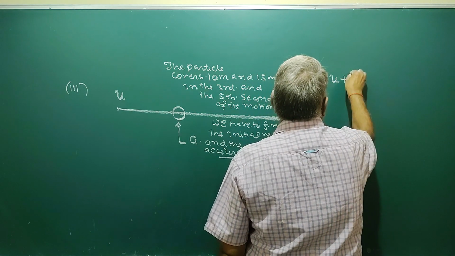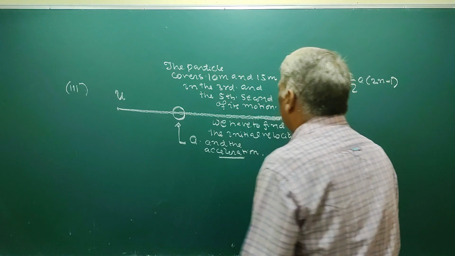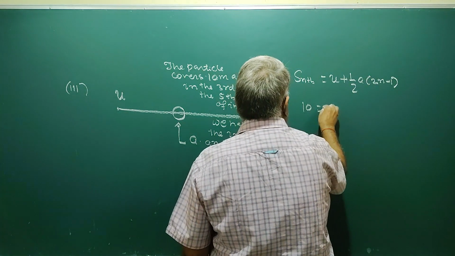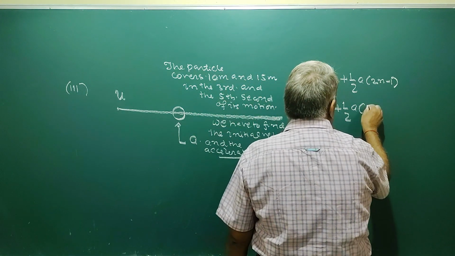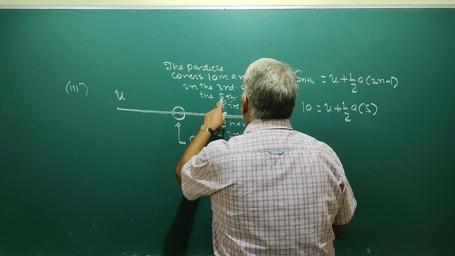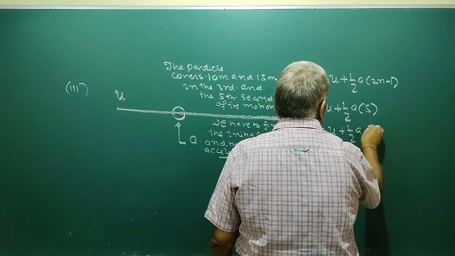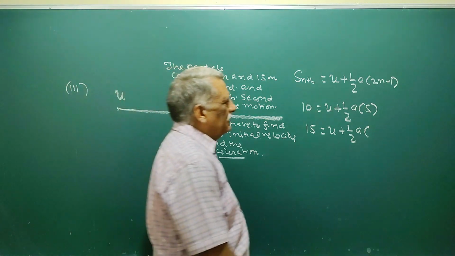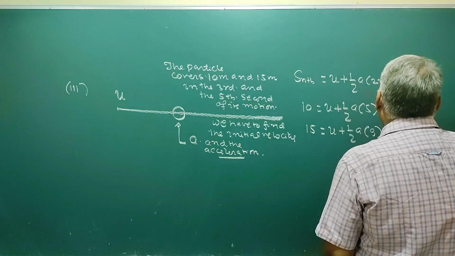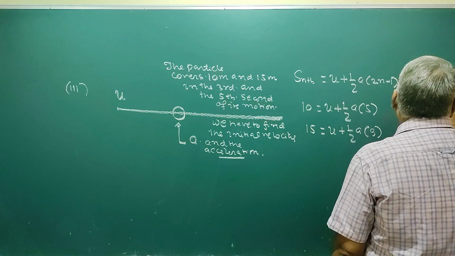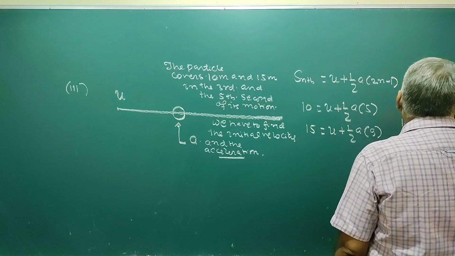This is equal to u plus half a into 2n minus 1. In the third second the distance given is 10 meters, so 10 is equal to u plus half a into, putting 3, 6 minus 1 becomes 5. And then in the fifth second it is 15, u plus half a into 2 times 5 minus 1, which becomes 9. Solving the equations, 15 is equal to u plus 9a by 2 and 10 is equal to u plus 5a by 2.